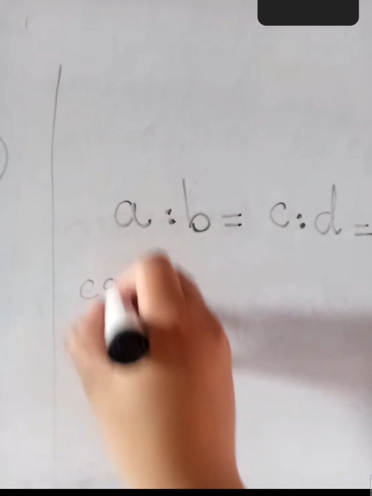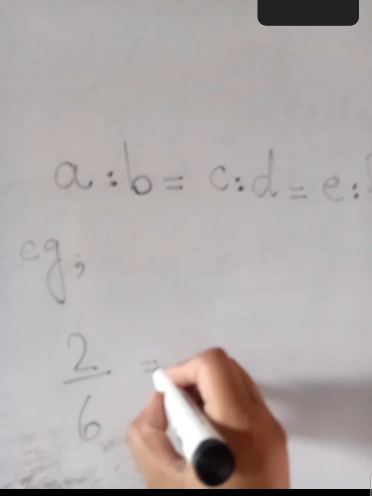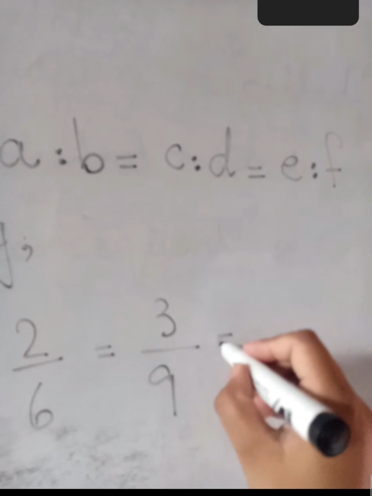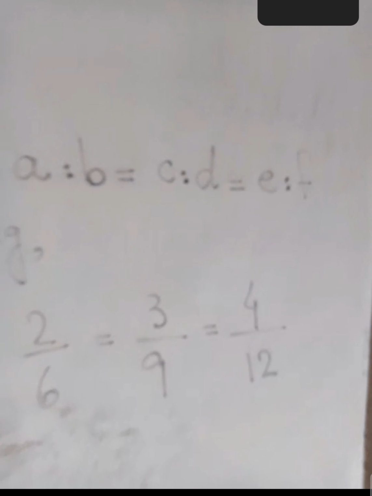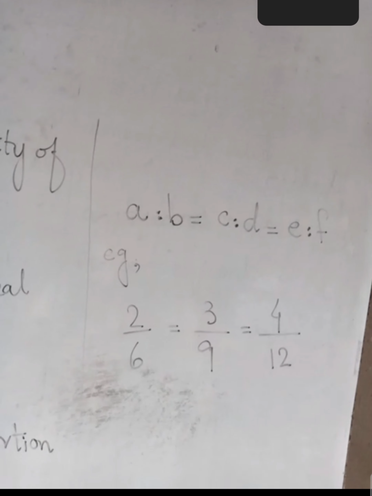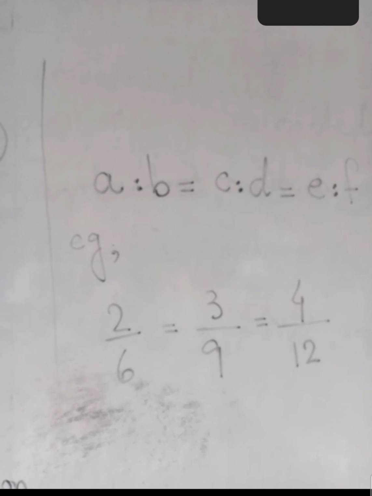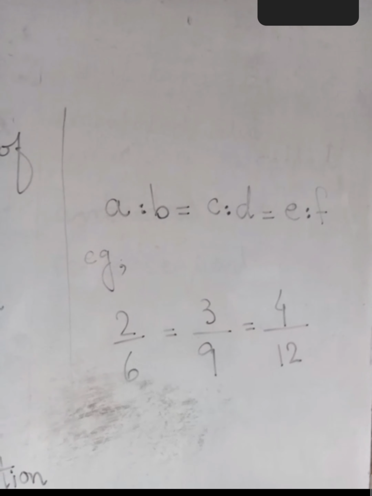For example, 2 by 6, 3 by 9, 4 by 12. Are they equal? Huda, are they equal? 2 by 6, 3 by 9, 4 by 12.